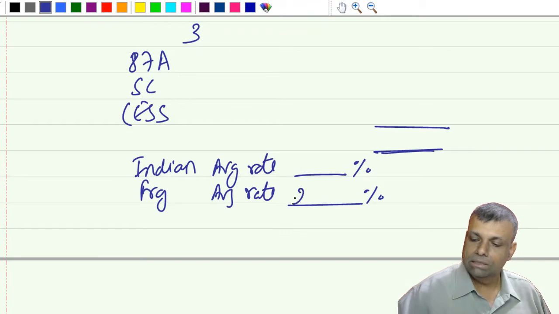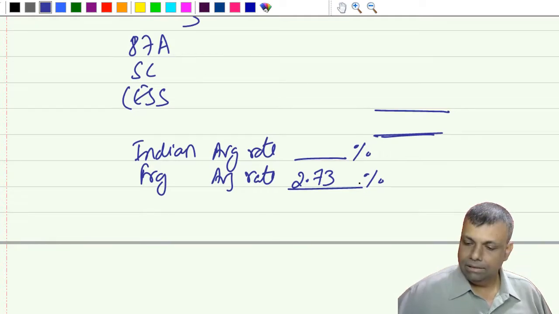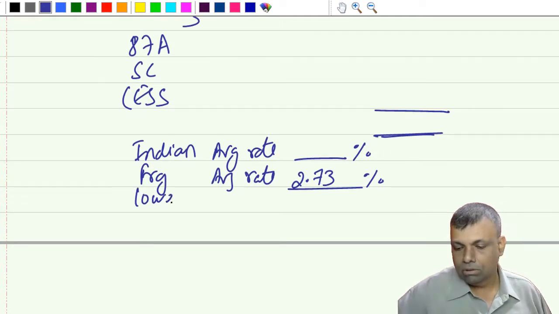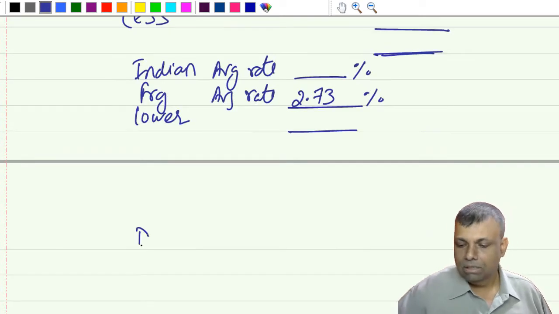So that is coming as 2.73%. Whichever is lower, multiplied by doubly taxed income.